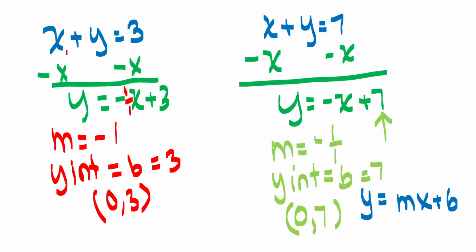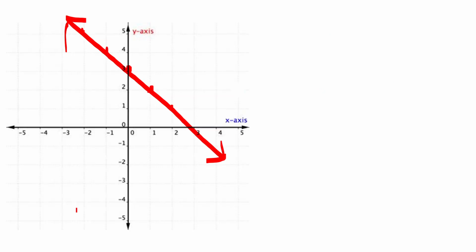Okay, so now we'll graph the green one. We have a positive 0, 7 to get started in green. And it's a little bit up here off my graph. That's okay.